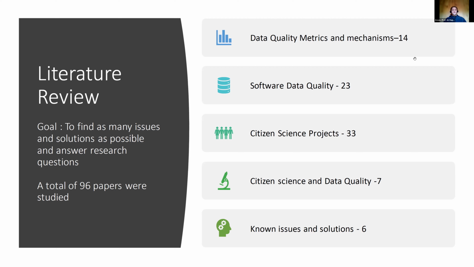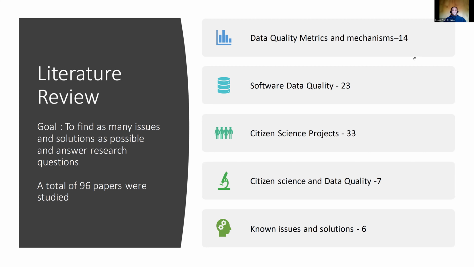You don't find too many publications related to both citizen science and data quality, and the known issues and solutions were not much covered at that time. That was one of the reasons why we wanted to make these publications.